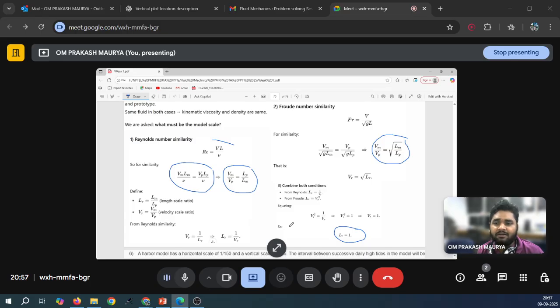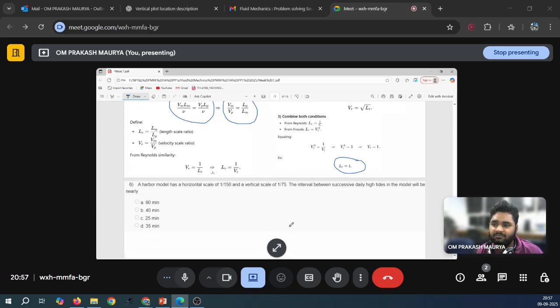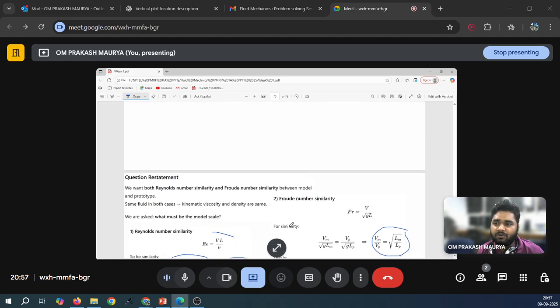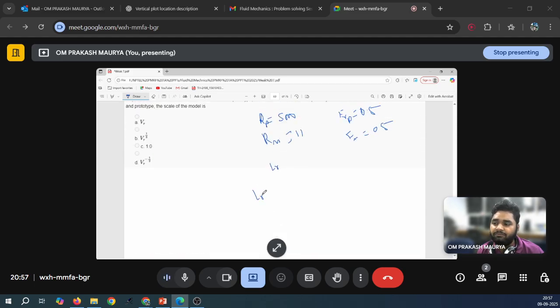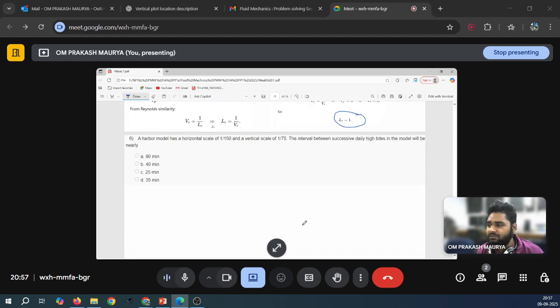So the length scale of model and prototype should be equal. Lr is equal to 1 means what? Lp by Lm is equal to 1, so Lp is equal to Lm. Very easy.